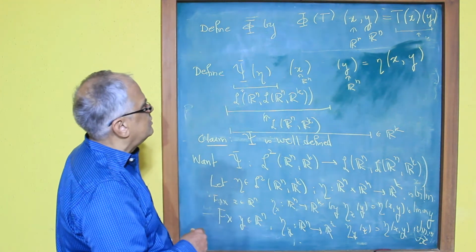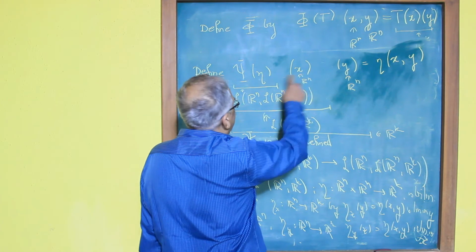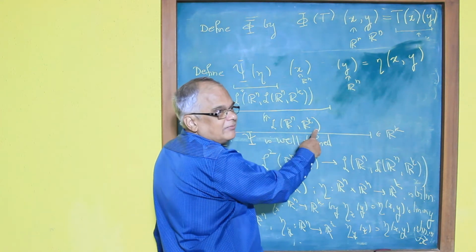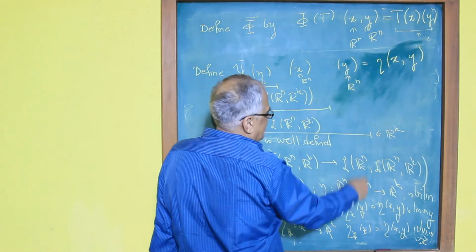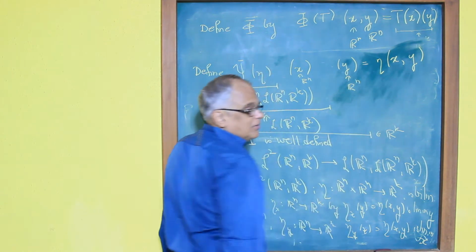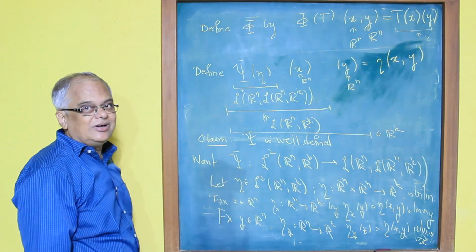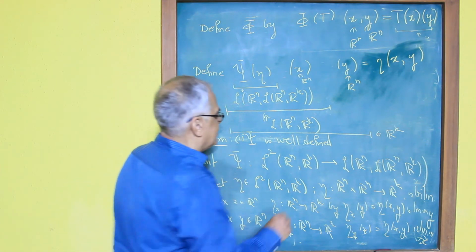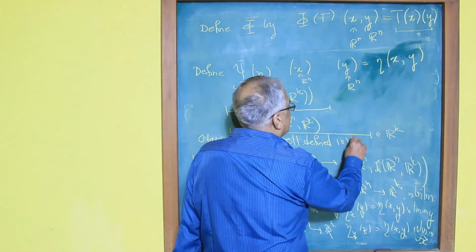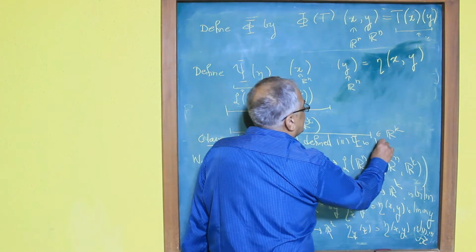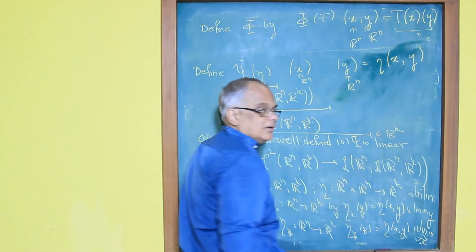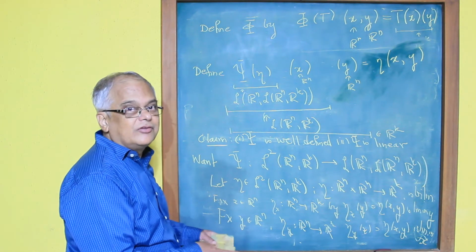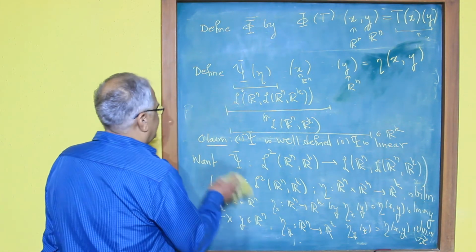This is exactly what we have. If x is in Rn, psi of eta at x is a linear map from Rn to Rk, and when you evaluate it at some y, this element is an element in Rk. So you have to show that psi is well defined. Then you have to show that psi is linear. And finally, we want to show that psi in fact is the inverse of phi.